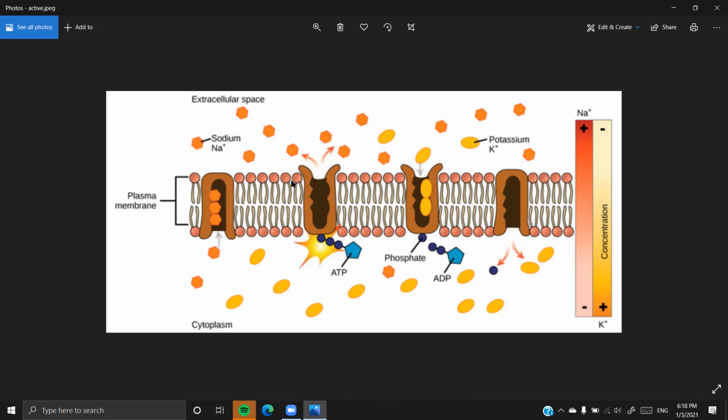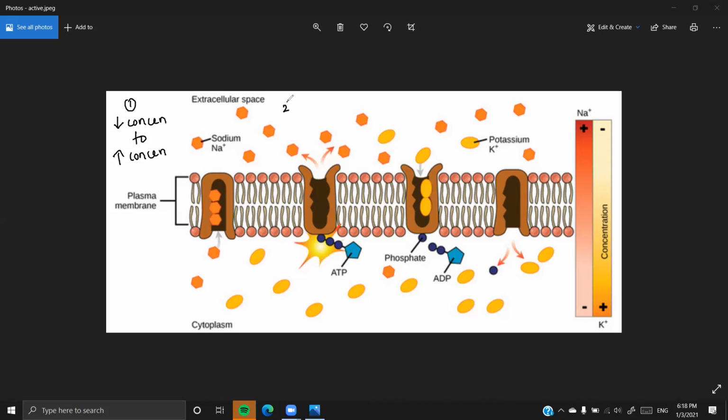So remember that in the active transportation process, we are moving the ions from a lower concentration, children. Let me write this for you. This will be clear for you now, that we are moving from a lower concentration towards a higher concentration. This is the first point that you need to understand.